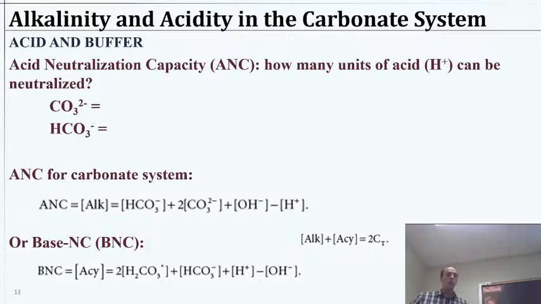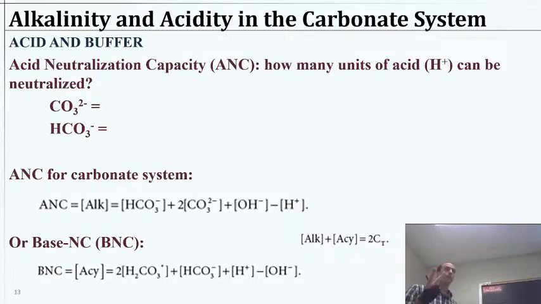Okay, so just a quick little reminder about this alkalinity and ANC. So the way we're describing this acid neutralization capacity, how many units of H plus can be neutralized by CO3 2 minus? Got 2. Everybody else agree? Anything else? So the question is, how many H pluses can CO3 2 minus neutralize when we're talking about adding an acid?